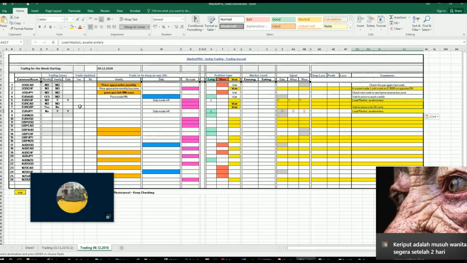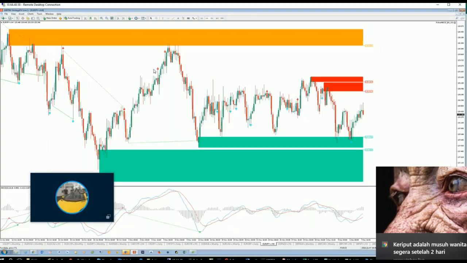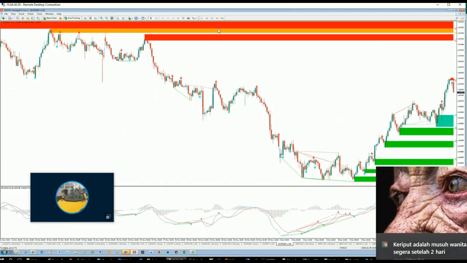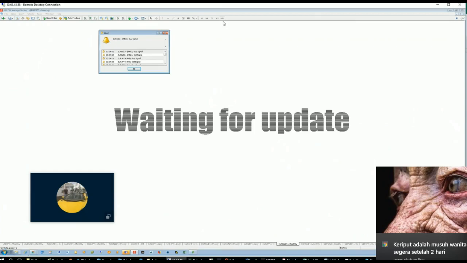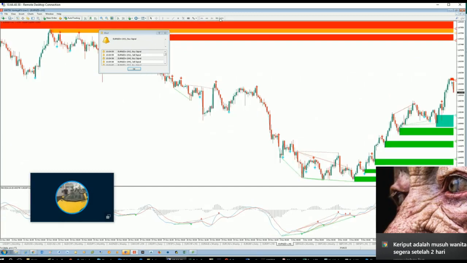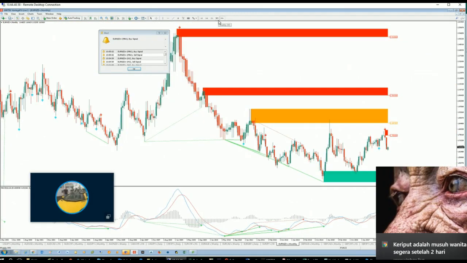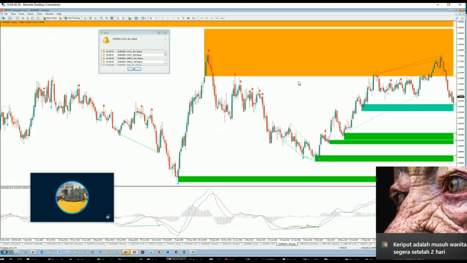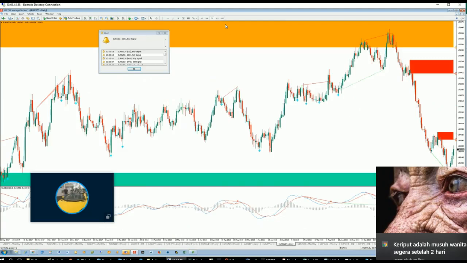Okay, what are we on? This is easier and easier. Euro Kiwi. That one just left the weekly. Check the monthly first, always. So no monthly and no bi-weekly. This pattern just popped off. So it's nothing, no trade there.